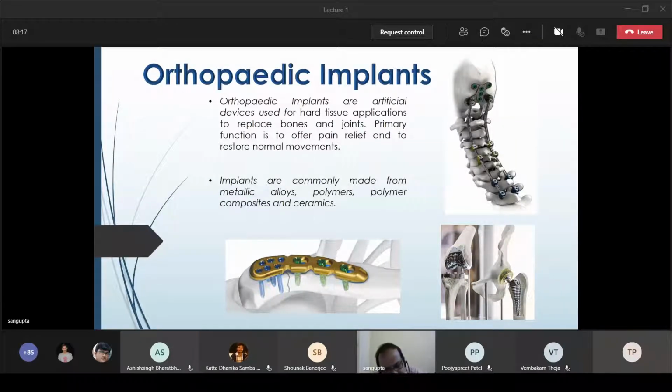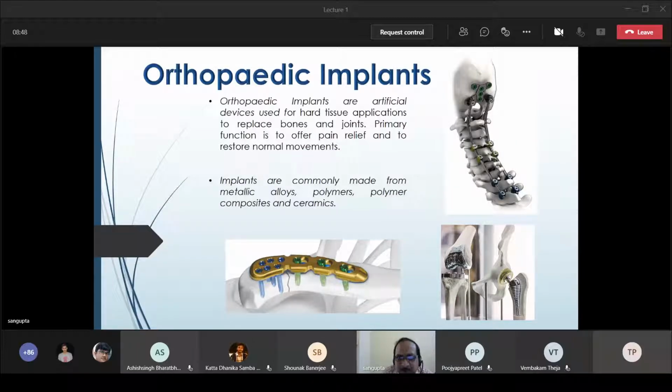Okay, so this lecture will be on orthopedic implants and biomaterials. So more the practical aspects of implants. As you know, orthopedic implants are artificial devices. Basically, these are medical devices used to replace bone and joints, as well as for fracture fixation.